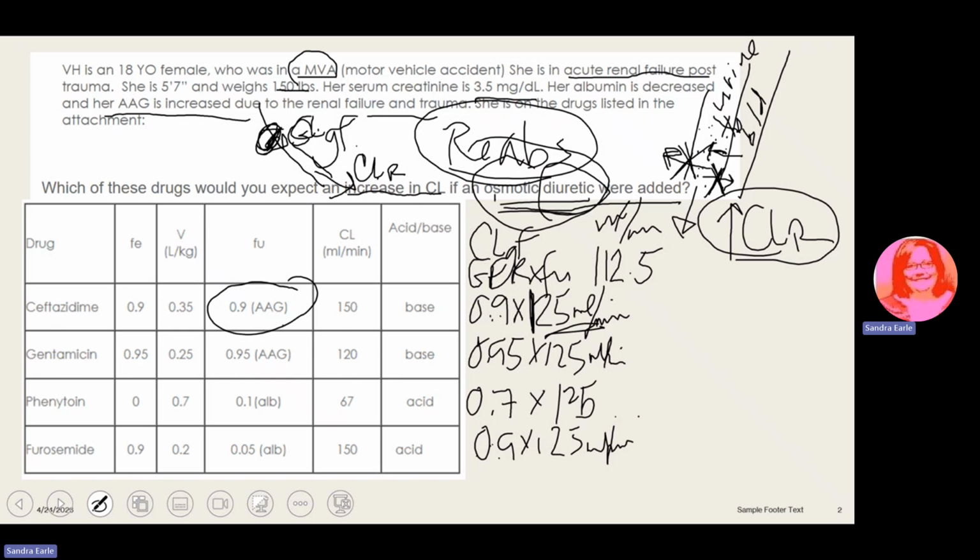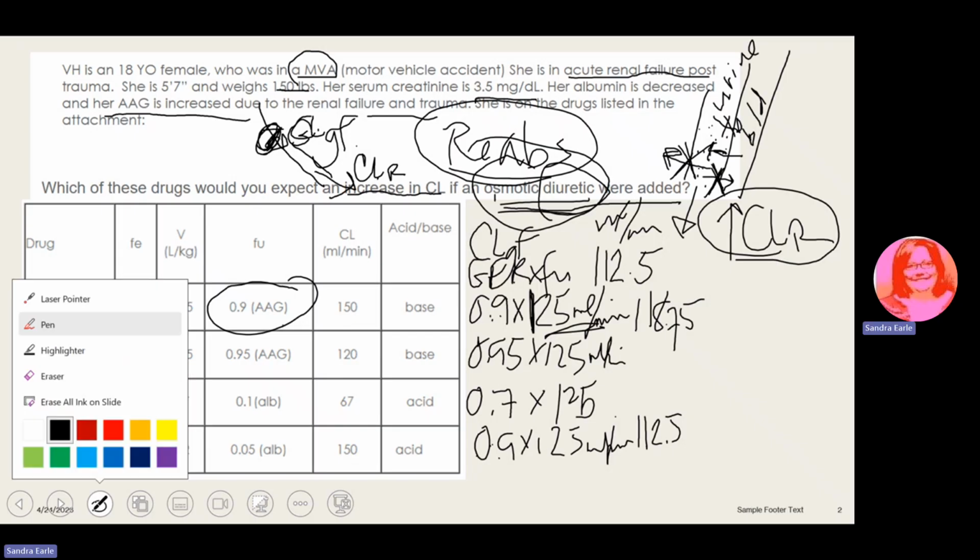It's going to be the same thing for this one, right? Because they're both mils per minute. And then 0.95, so it's going to be a little bit more for gentamicin. This is 118.75 mils per minute.